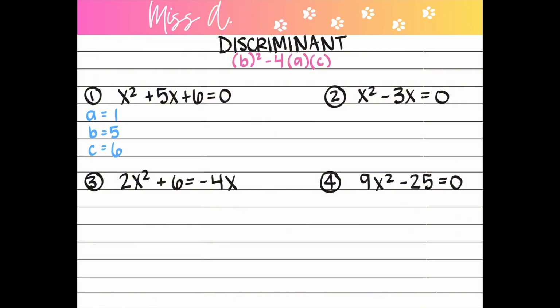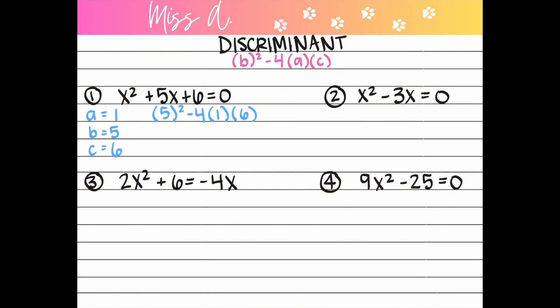So I'm going to start with b squared. I'm just writing it down first. That's 5 squared minus 4 times my A, which is 1, times my C, which is 6. I always just want to write it down plugged in first before I start. Now, if you have a calculator, you can type this straight into the calculator and get your answer.